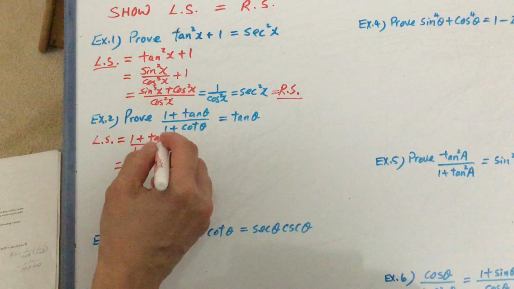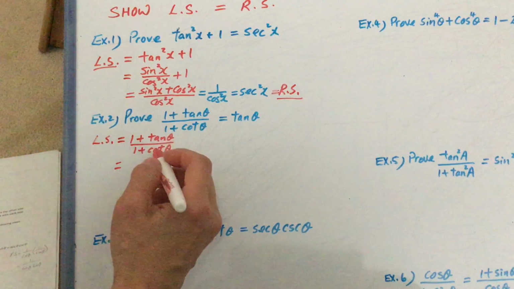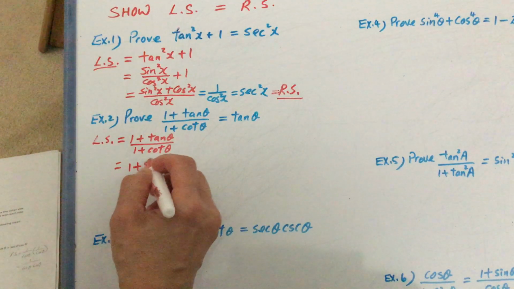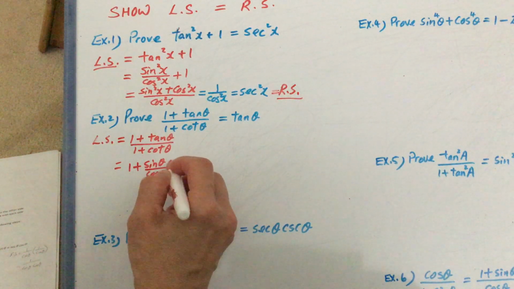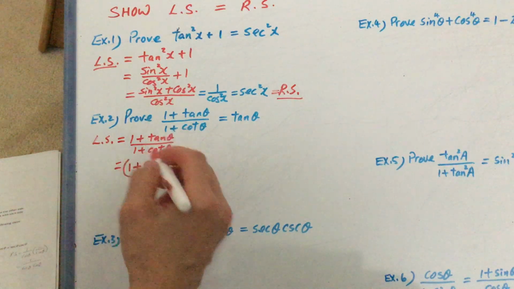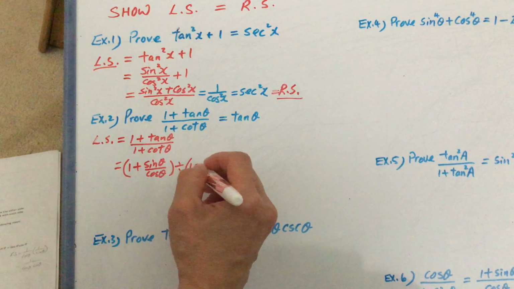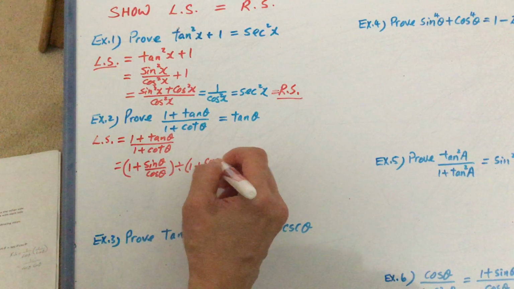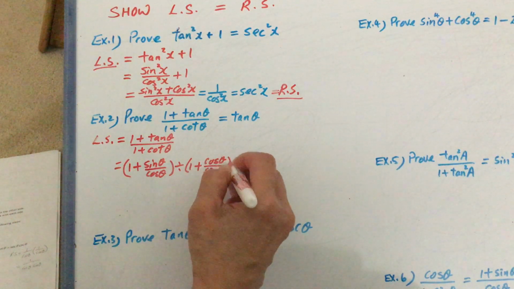What I can do with the tangent and the cotangent is to convert them in terms of sine and cosine. I'm not going to carry a fraction over another fraction, so I'm going to do it like this with the brackets. Cotangent is the other way around, so it's cos theta over sine theta.